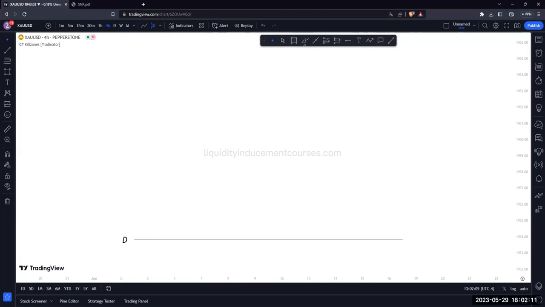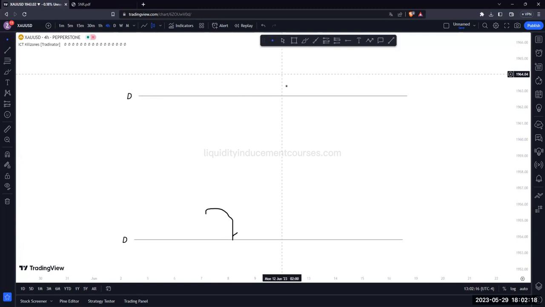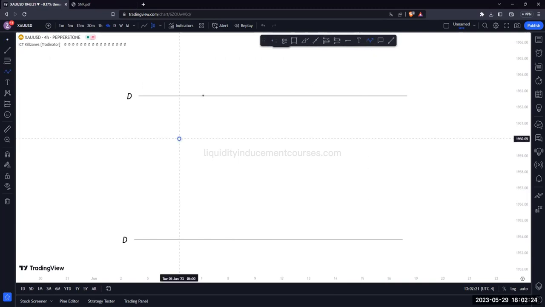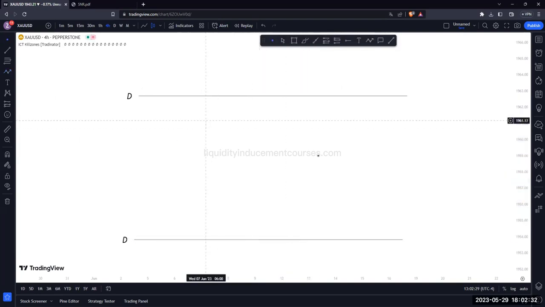So if price wants to travel from this daily, where is it going to go? To another fresh daily. If price wants to go from that resistance, where is the next target? The next target is at least a fresh daily support. Understood? Yeah.